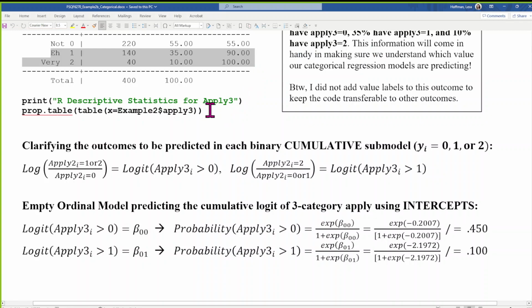The first submodel is predicting the logit of the probability of a response greater than not. So 1 minus the intercept from the first model will give me the probability of a response of not instead.